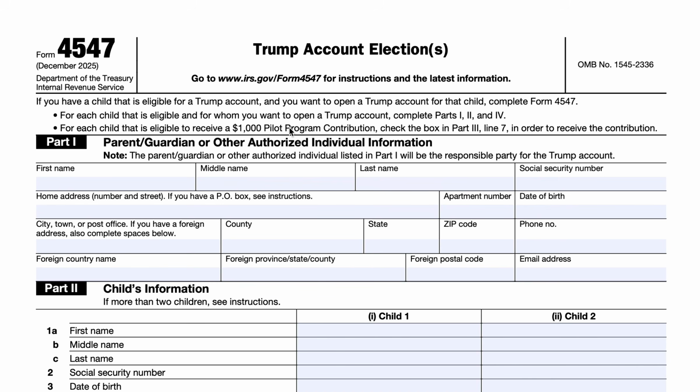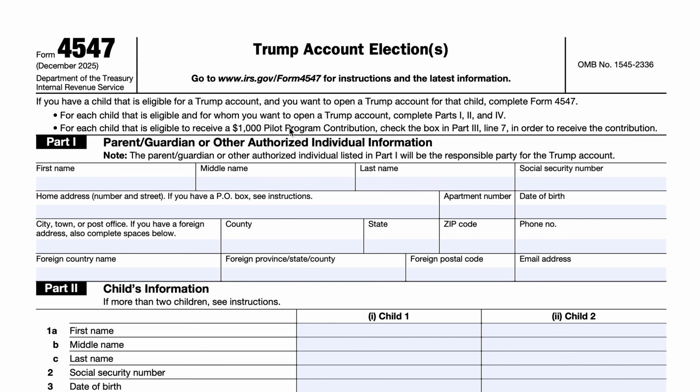There are a couple of new terms involved, terms such as growth period, which is basically from the time that the Trump account is established to December 31st of the year prior to the calendar year in which the child turns 18. During this growth period, a Trump account can only be invested in eligible investments.